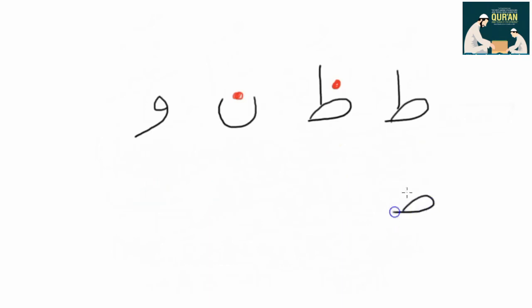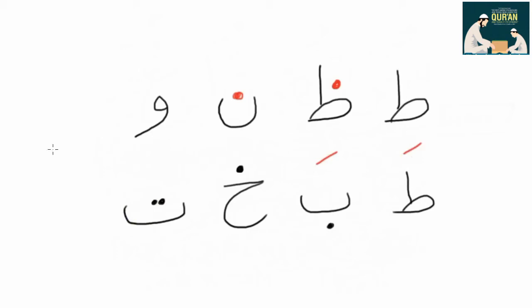Okay, now let's try a few combinations then. So we've got a ta there, we've got, remember that letter, a ba, and we've got here a dot on the top, it's kha, and we've got a ta. So let's put some vowels on these then.